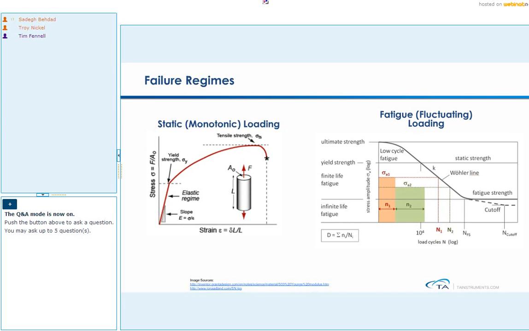After you go past the yield point, there's always going to be some permanent deformation. Some of the energy that you gave to your material is absorbed and dissipated, creating that permanent deformation, some of it is dissipated in the form of heat, and a portion of it is recovered.